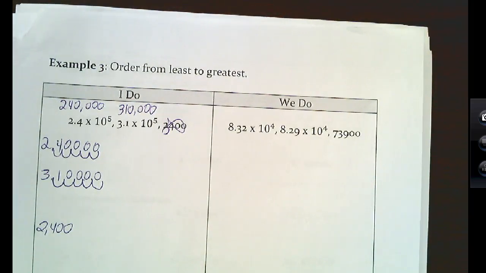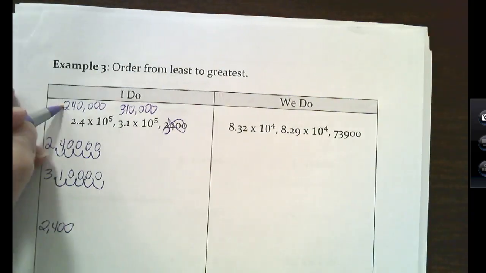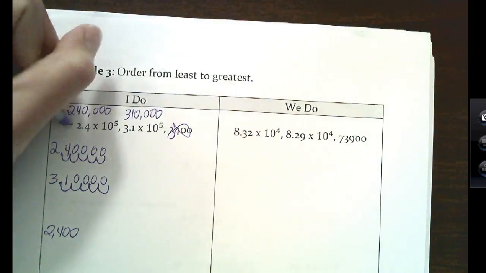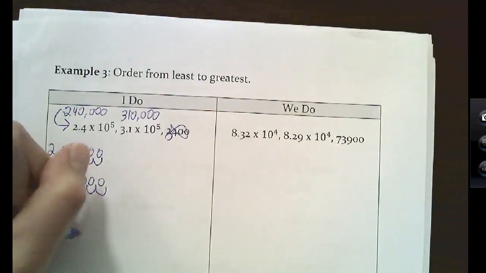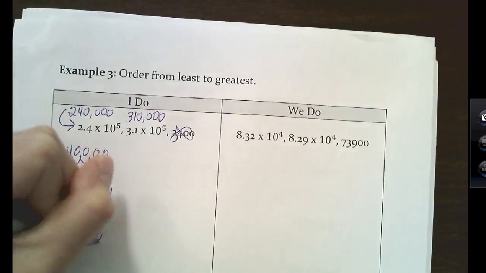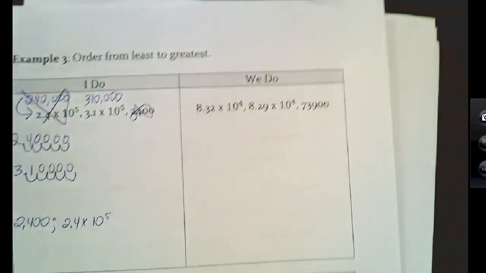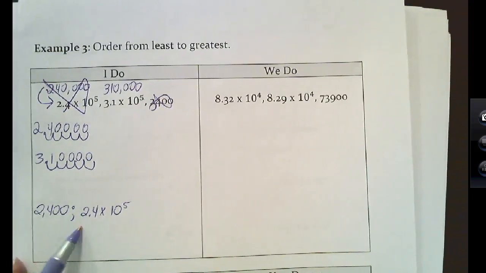What's the next smallest? 240,000. Good. But we want to write it as its original number. So let's write the scientific version of that, which is 2.4 times 10 to the 5th power. So right away, we're converting it back to the original. And I'm just separating them by a semicolon here.